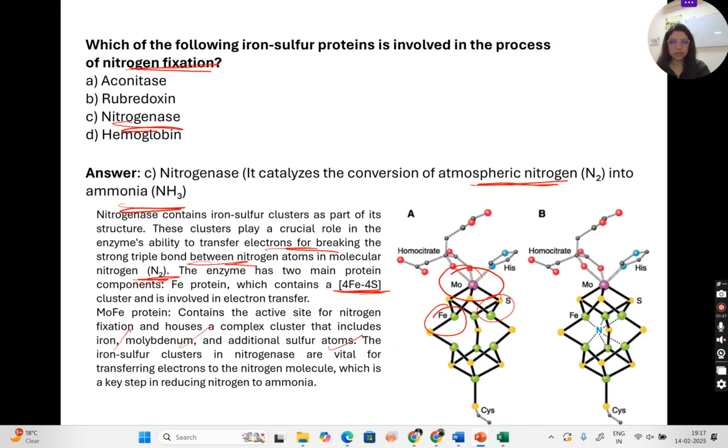The reaction that mainly happens here is that it can convert this into ammonia, and that is the process of nitrogen fixation. This is directly a new topic, and the question can come in any form like this question, or it could be: in nitrogenase, what are the metals present? Apart from iron, molybdenum is also present in this case. Fe and Mo. There are two metals in the case of nitrogenase.